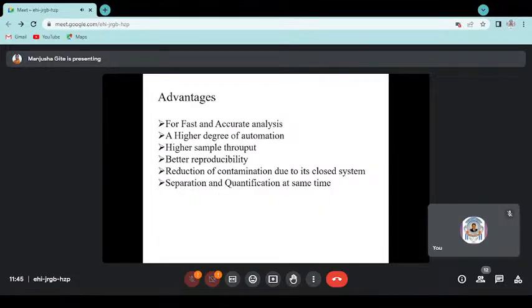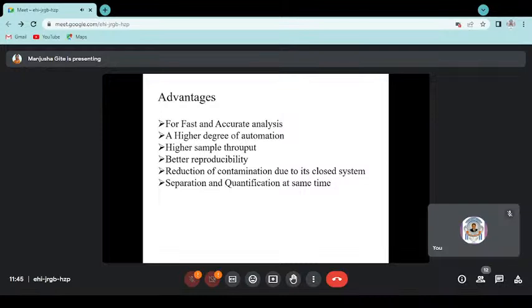Now the advantages of these hyphenated techniques: fast and accurate analysis, a high degree of automation, means these hyphenated techniques are fully automated, high sample throughput, better reproducibility, reduction of contamination due to its closed system, and separation and quantification at the same time.